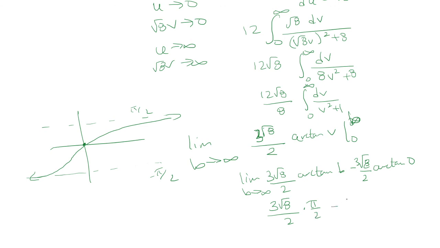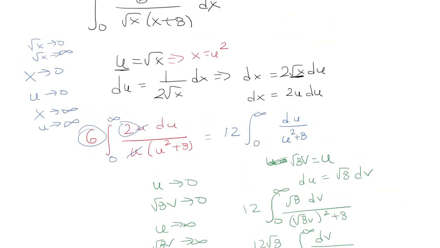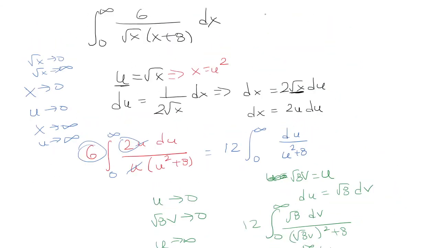And then arctangent of 0 is just 0. So this thing will cancel. So we'll have 3 root 8 over 4 pi as our answer. So if we go back to the original question, this integral up here converges.